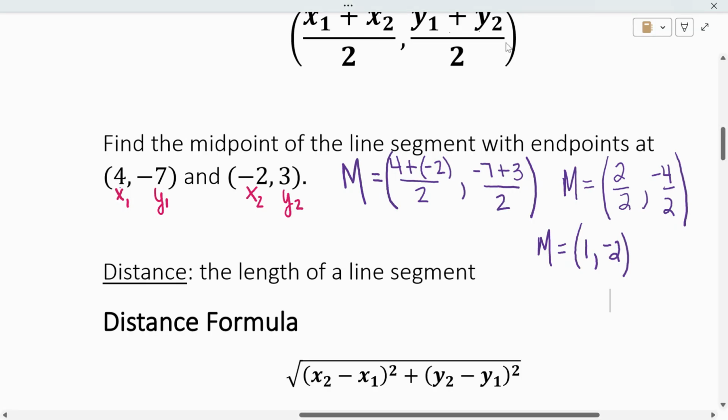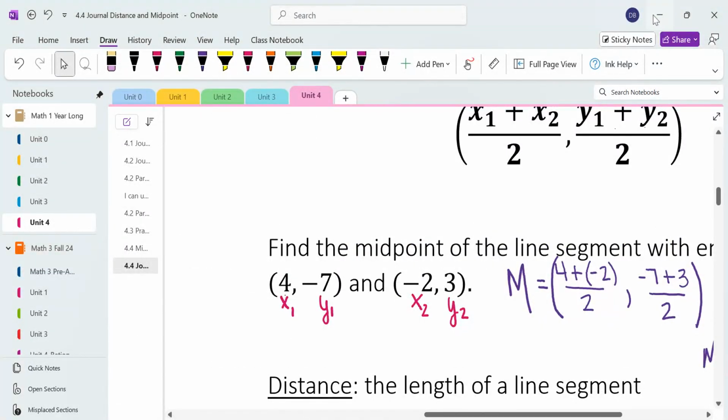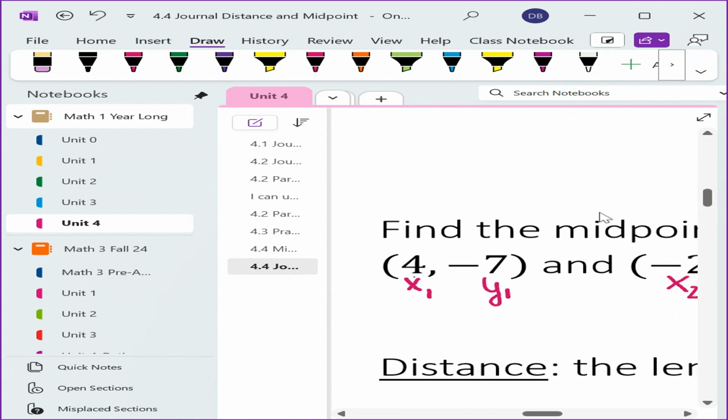Perfect. I am going to go to Desmos because I want you to remember that typically when you take your state EOC, the first 17 questions are non-calculator. The rest of it, you get to use a calculator or Desmos.